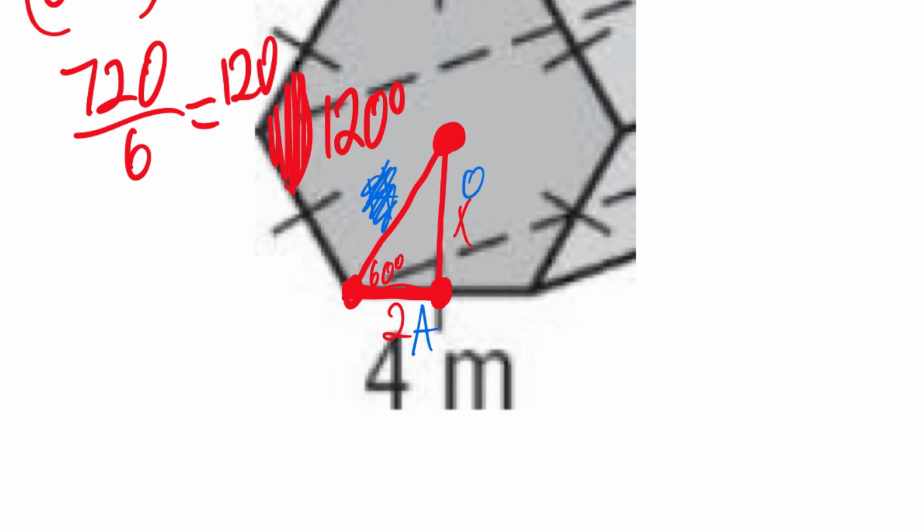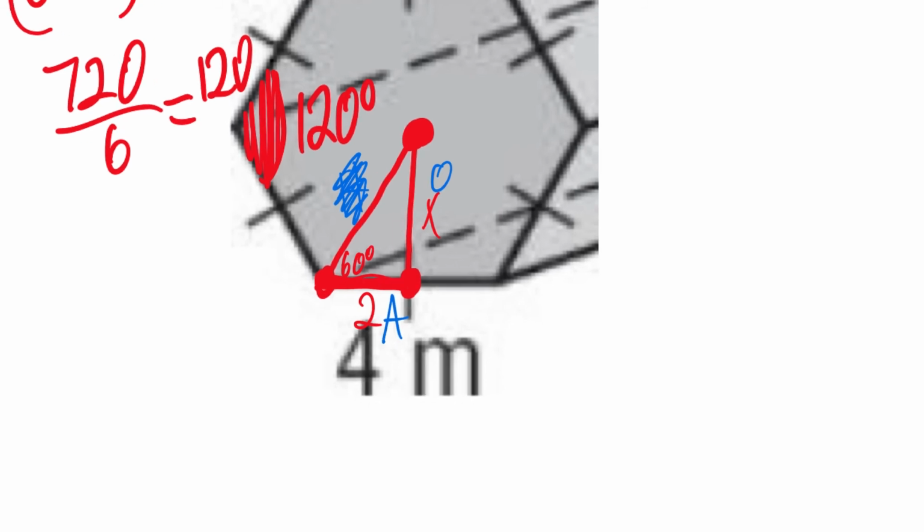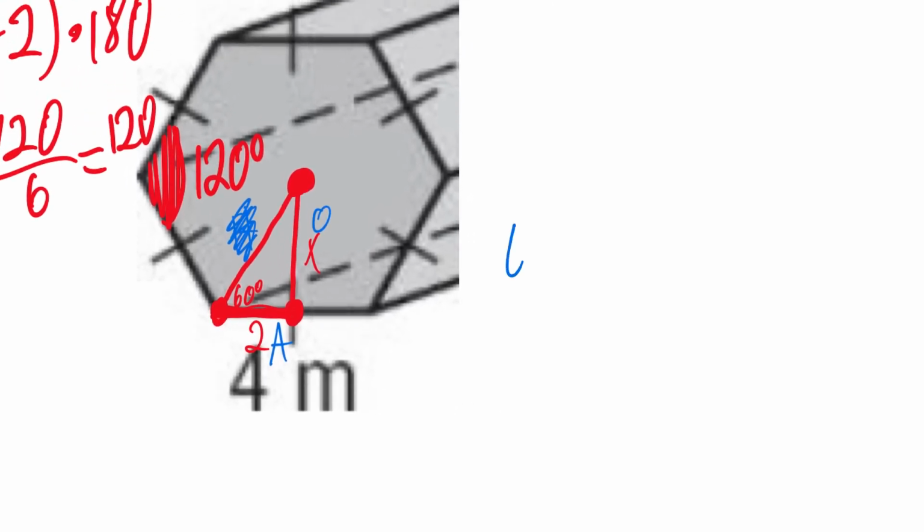SOH CAH TOA. I don't need this one. So tangent, again. So we're going to have tangent of 60 degrees equals the opposite x over the adjacent 2. So we're going to multiply 2 times the tan of 60.